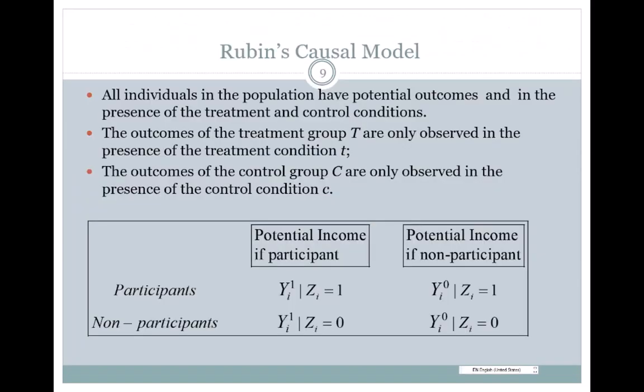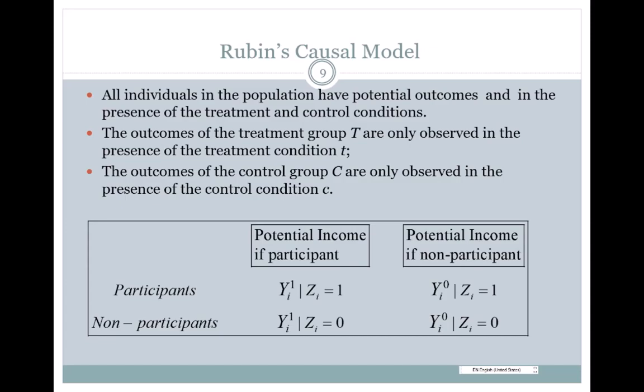Okay, when thinking about quasi-experimental designs, and propensity score analysis in particular, it's helpful to discuss Rubin's causal model, which is also known as the potential outcomes framework.